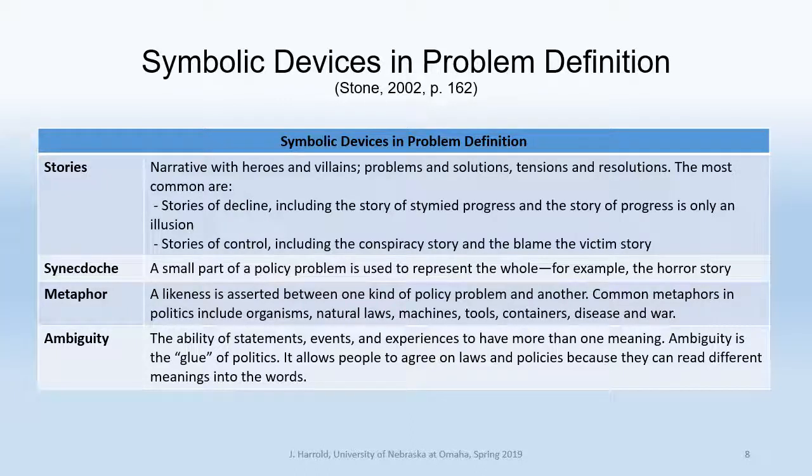So Stone also points out some symbolic devices that people use in narratives. So we talked about stories, right? The stories of decline and the stories of control. There's this device called a synecdoche. That's how that's pronounced, which maybe some of you know. It's a small part of a policy problem used to represent the whole.